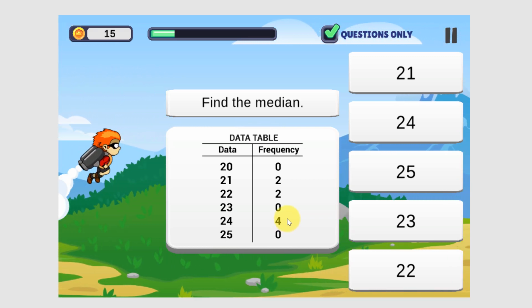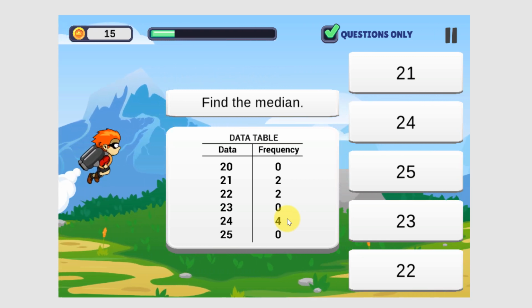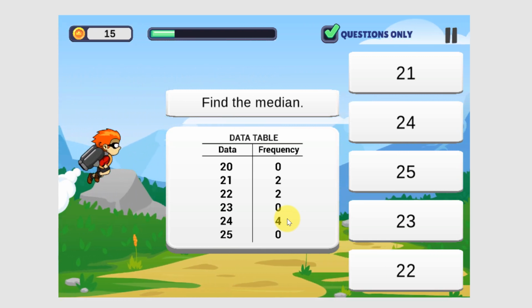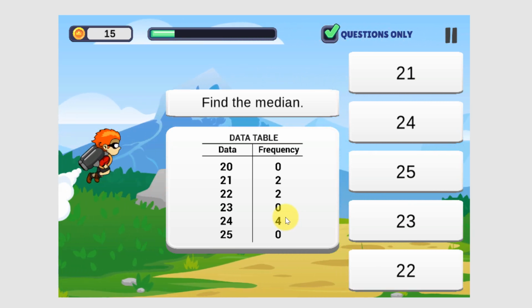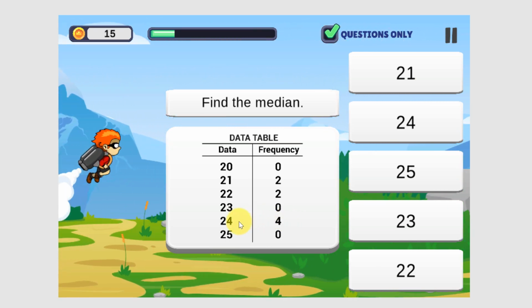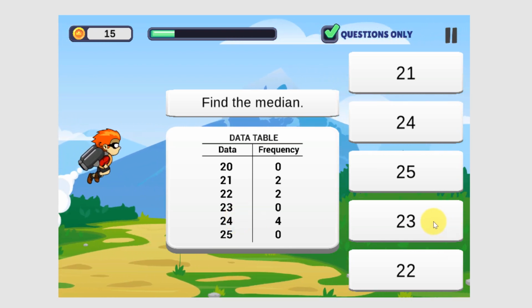Looking exactly in the middle, well, it's between 22 and 24. We need to take the average, which is the number that's exactly in between 22 and 24. That would be 23.